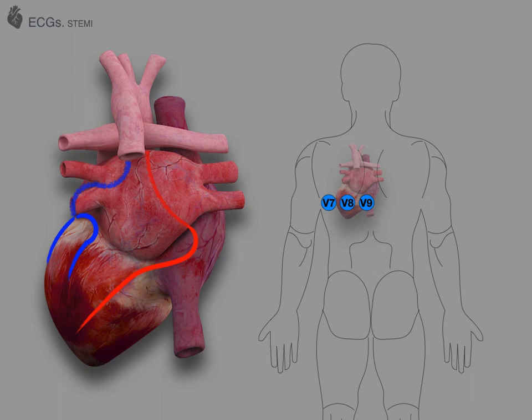All this really involves is taking off 3 of our chest lead poles and moving them round to the back of the body. So I would take off the stickers for V1, V2 and V3 and move those stickers and wires round to the back, so just carrying on further with your chest leads but curving round to the back of the patient.